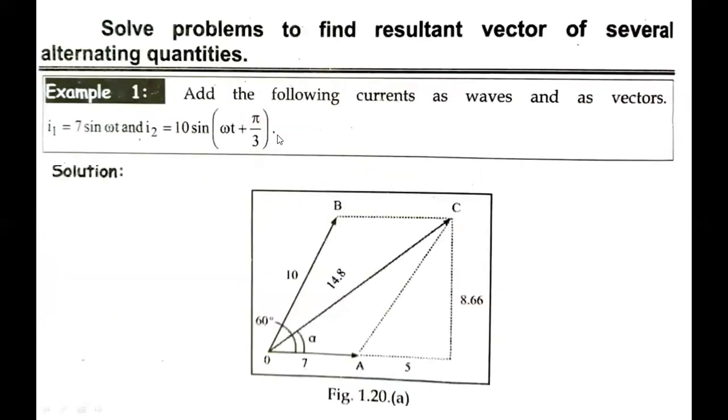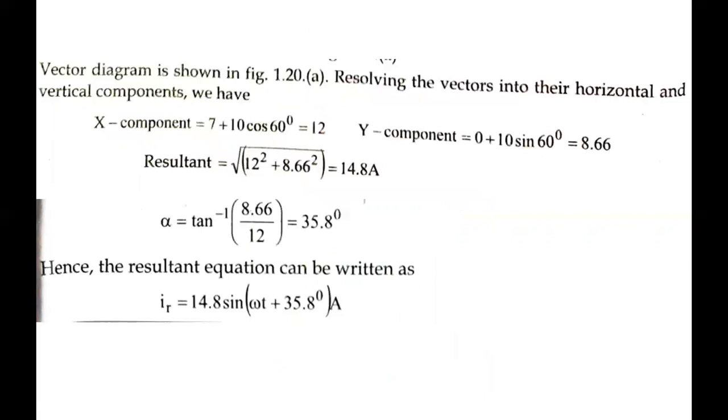I1 is sin omega t, so phi 1 is equal to 0. So 7 into cos 0 plus 10 into cos pi by 3. So 7 plus 10 cos 60, that is 12.